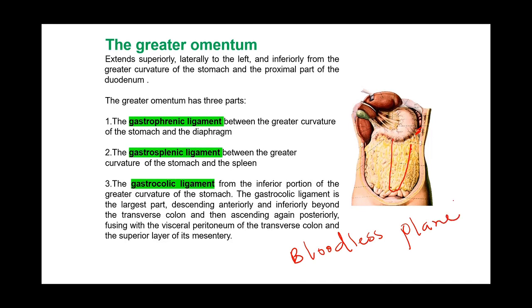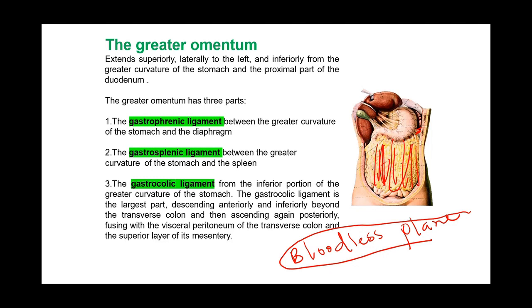When you are doing either gastrectomy or transverse colectomy, you are dissecting this greater omentum at that bloodless space. Why? Because the rest is laden with blood vessels. If you just cut through, there will be a lot of bleeding and you have to be securing a lot of hemostasis.